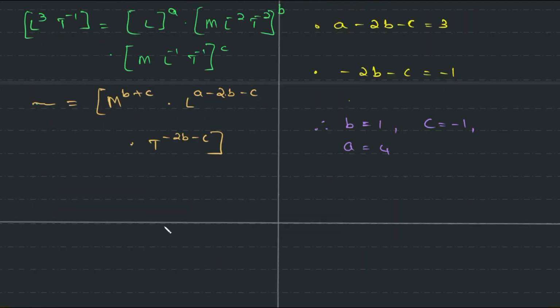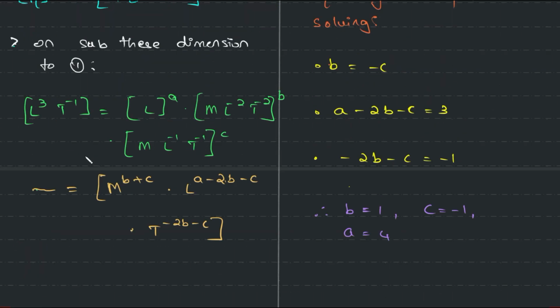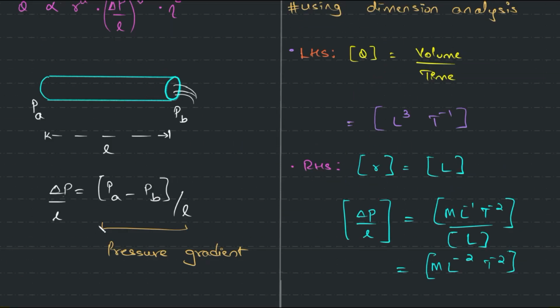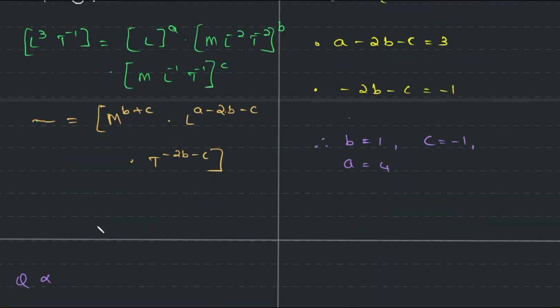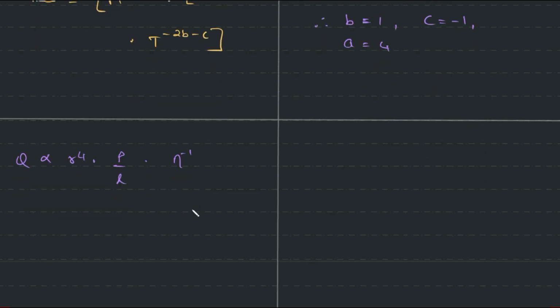So your rate of flow will be proportional to r to the power of 4 if I'm right, r to the power of 4. So radius plays a big role. R to the power of 4. Then P by L to the power of 1. And coefficient of viscosity inversely proportional.